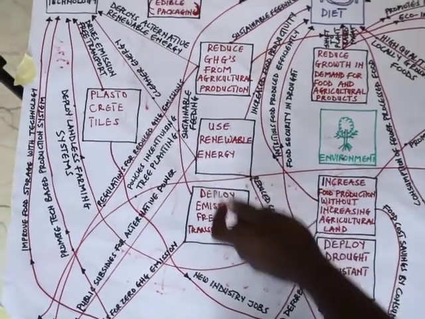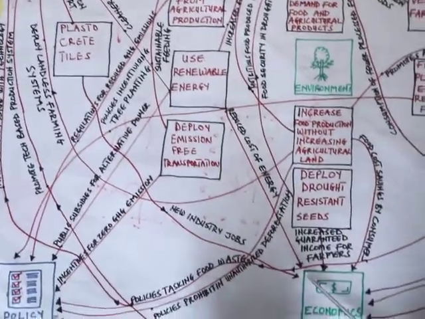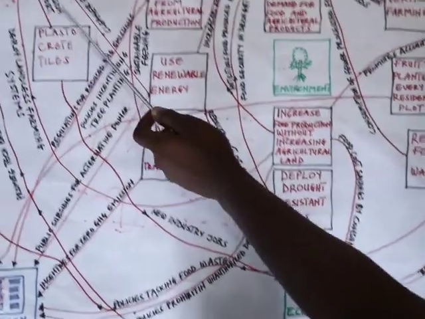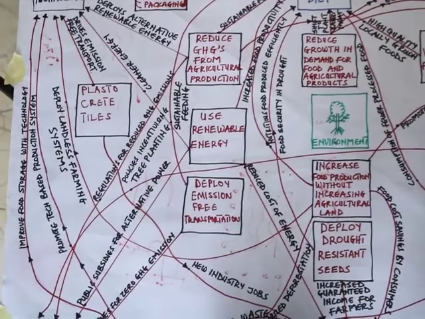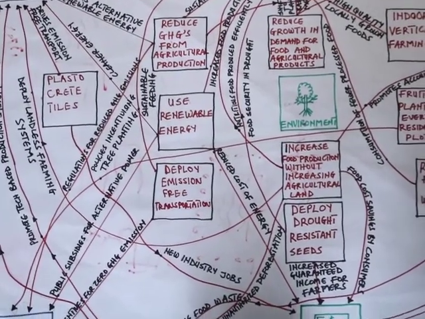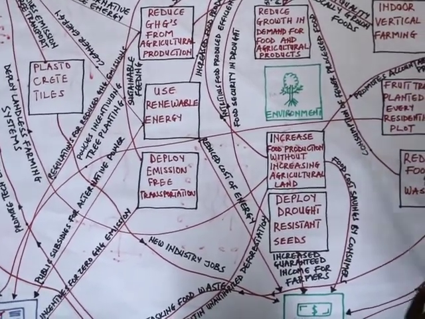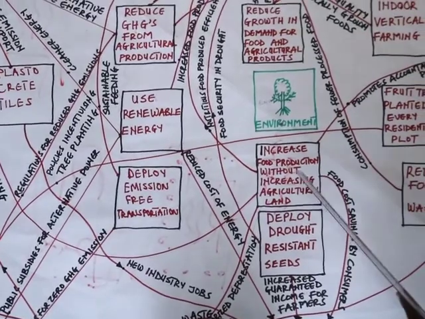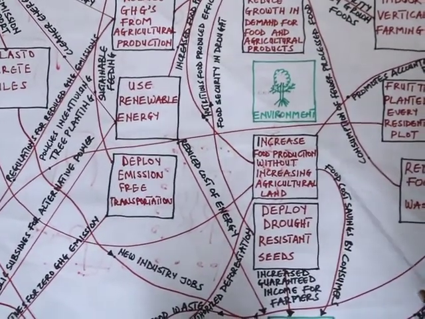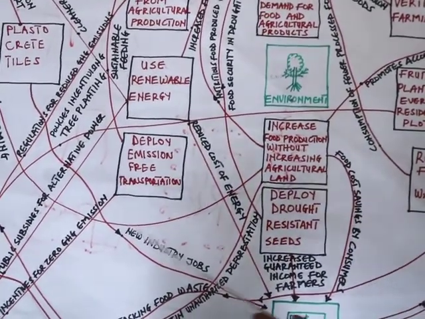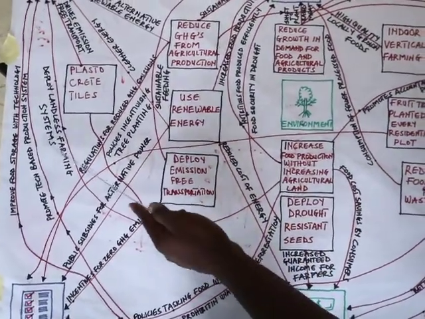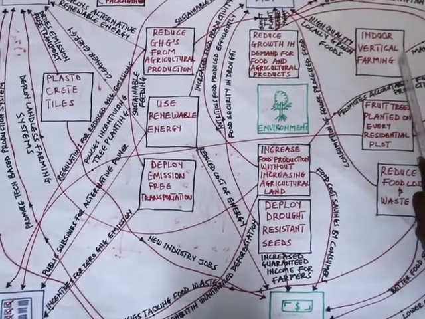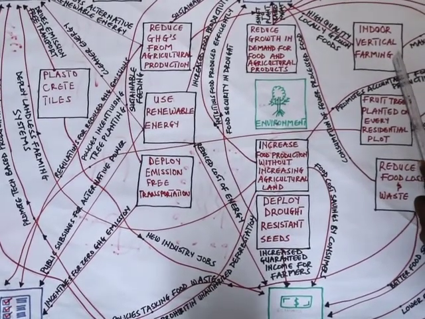And what this will do is that it will create new industry jobs, and it will drive our emission-free transportation intervention as well. Like I mentioned, we will increase food production without increasing agricultural land. How this will impact technology is that it will deploy landless farming systems such as the indoor vertical farming.